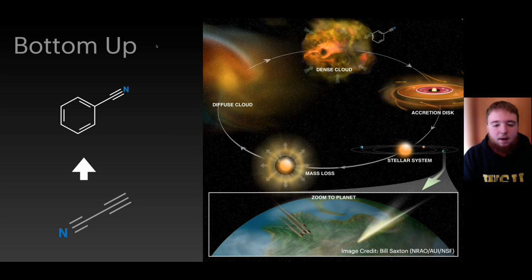Most molecules and compounds that we know of form this way from the bottom up. And so where I came in was to look further, try to find benzonitrile in more sources so we can start to piece together where this stuff is happening.